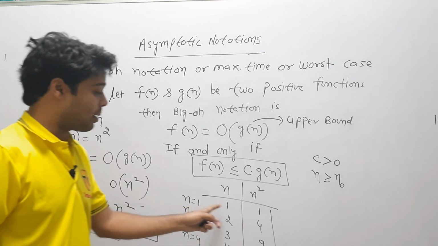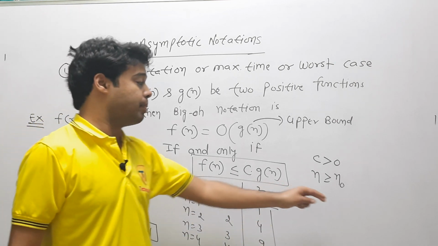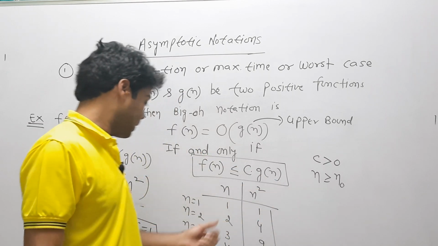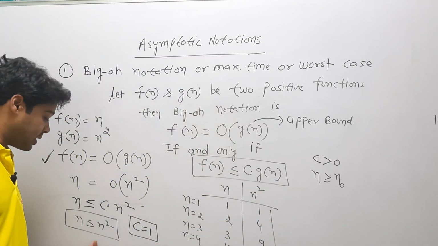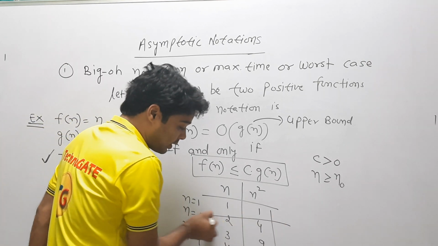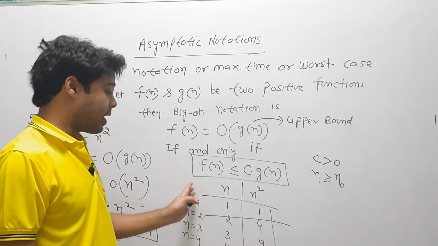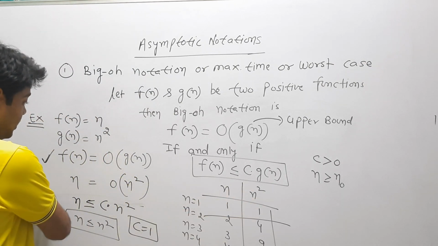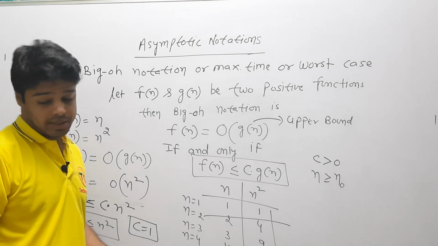On 1, both meet here. So n0 is the meeting point, where two functions meet here. So here n is less than or equal to n square every time. After this point, there is no point where n and n square both meet. Okay, let's take another example here.